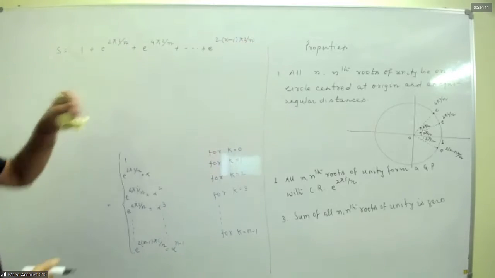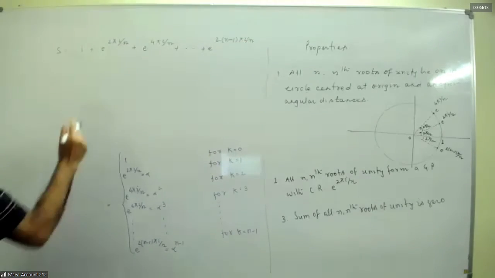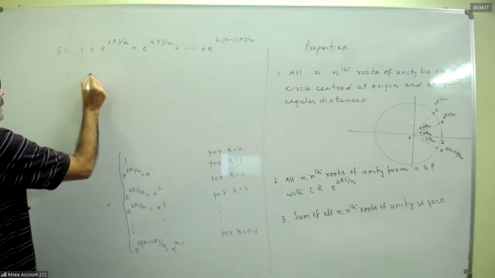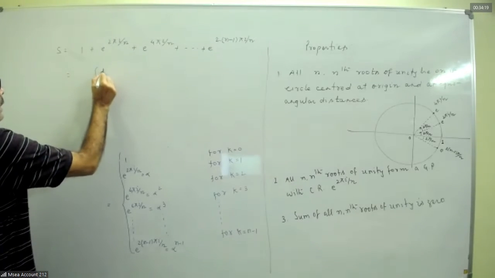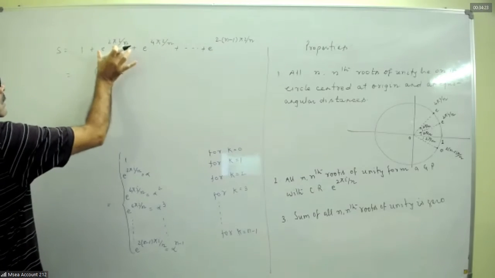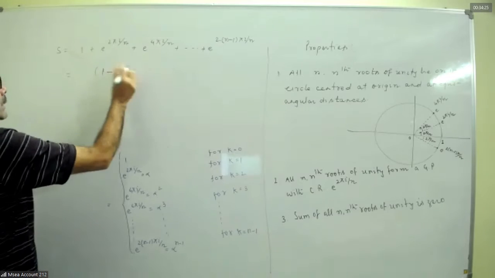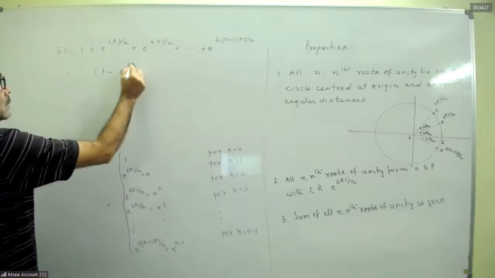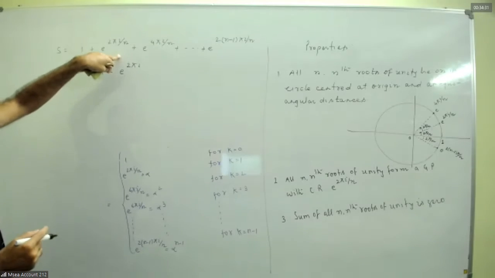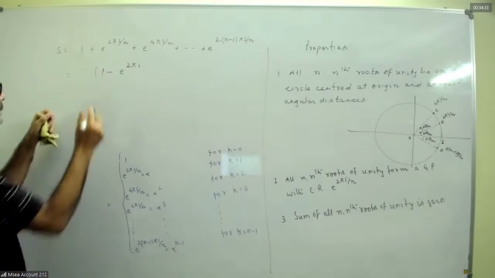So these are n terms. The sum of a GP is a into 1 minus r to the power n by 1 minus r.